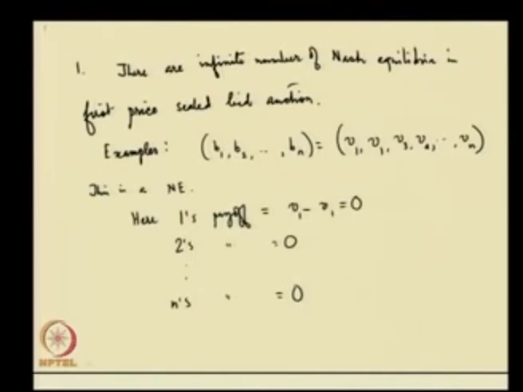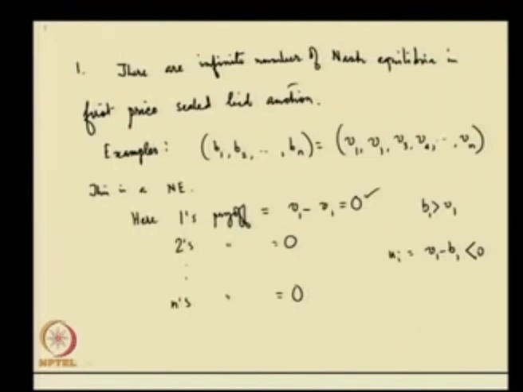So, the question is, can someone deviate and earn a positive payoff? The answer is no. For example, player 1 can deviate and bid something more than V1, but remember, if I bid more than V1, I will definitely get the object, but my payoff will turn out to be negative. So, it is not in my interest to bid more than V1.